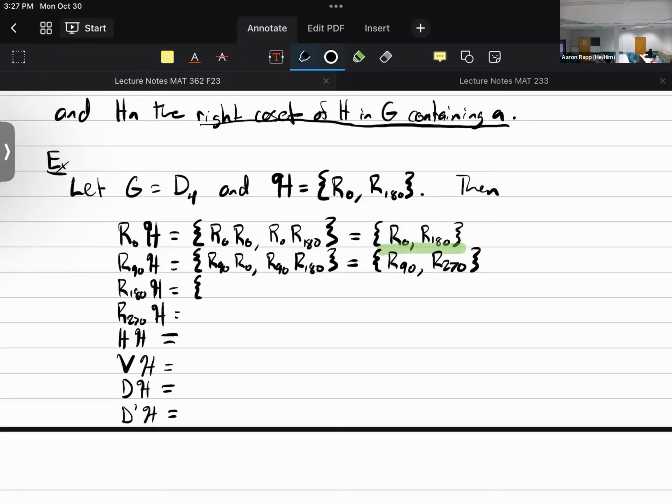What about R180 acting on the left of every element of H? What are the elements going to be? R180 and R0. Yep. What about R270 acting on this set?